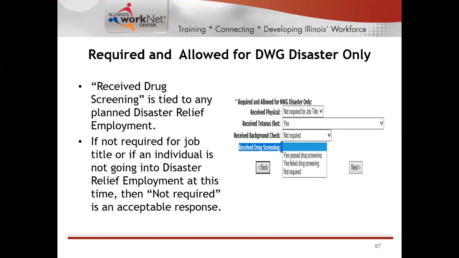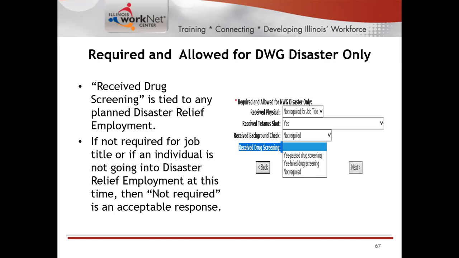locally for each and every work site, what is required. In some cases, a physical isn't required, or a tetanus shot isn't required. These are quite often, the physical and tetanus shot are generally for the labor intensive, you know, the flood, the tornado kinds of jobs. But anyway, you locally and your case managers would need to understand this in terms of what is or isn't required.